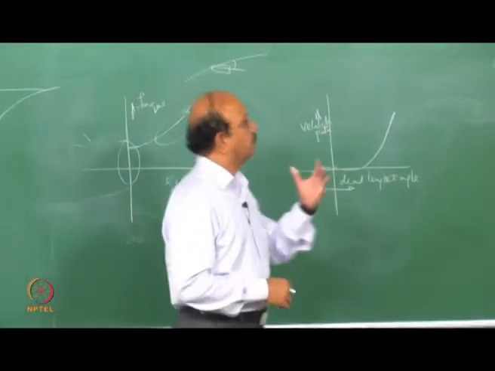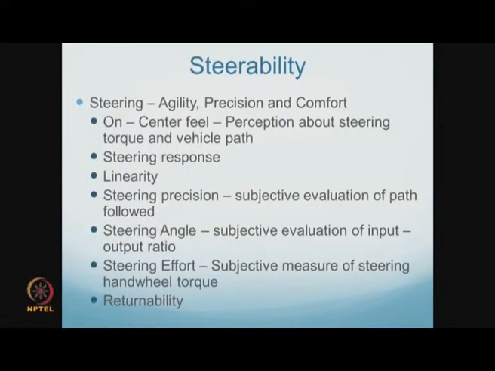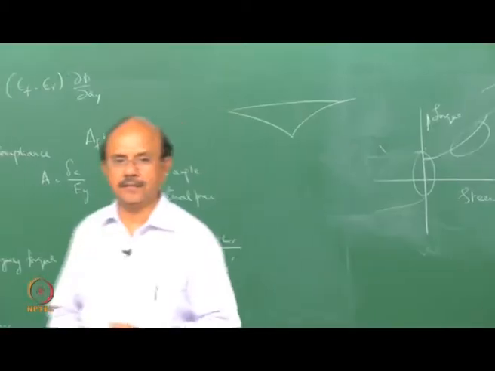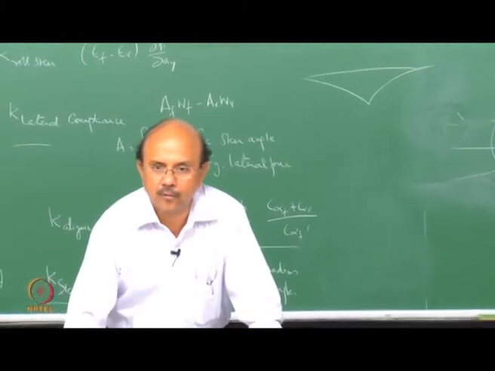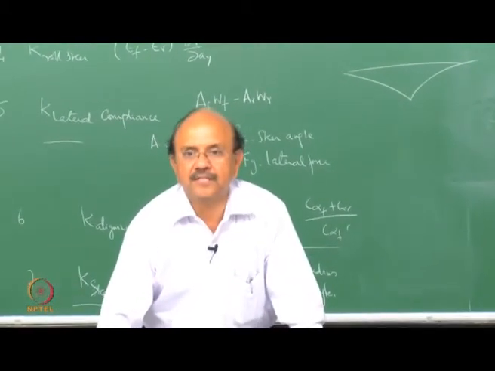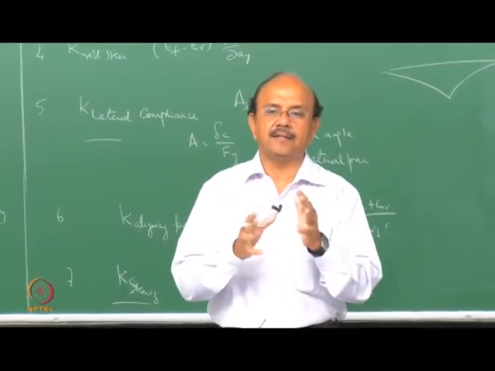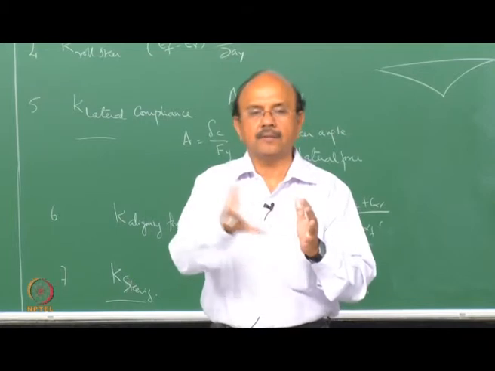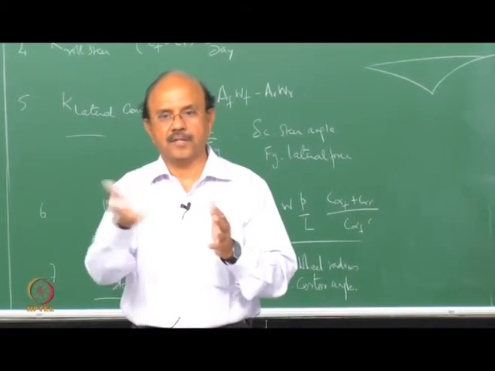Then you have what is called the steering response and linearity. Okay, how linear is the steering with respect to the path that it is going to follow? Is it linear or non-linear? In the sense that if I progressively increase the steering, is there a corresponding radius which is followed, for the same velocity?